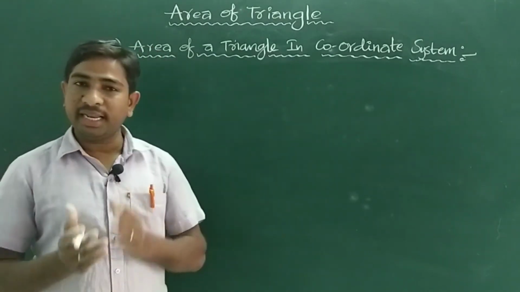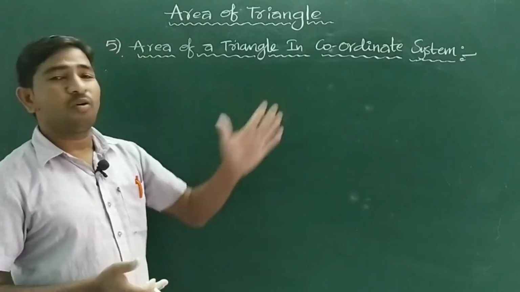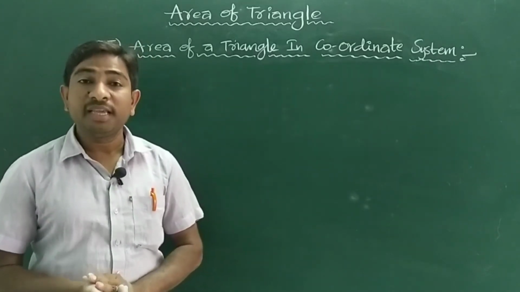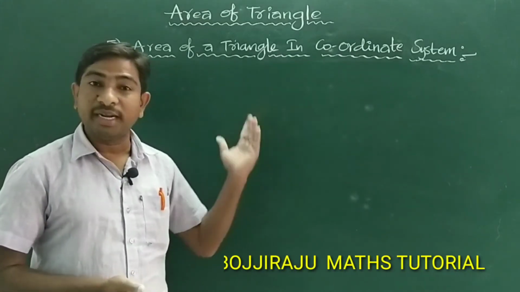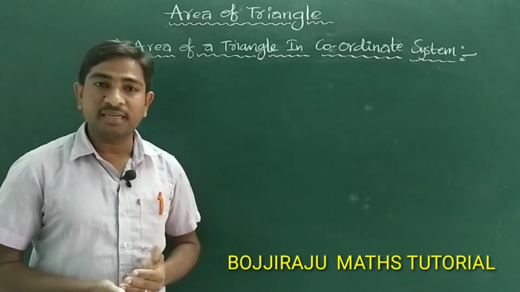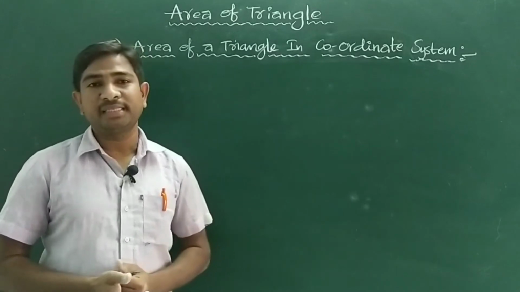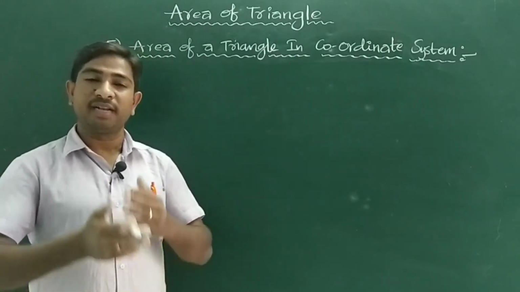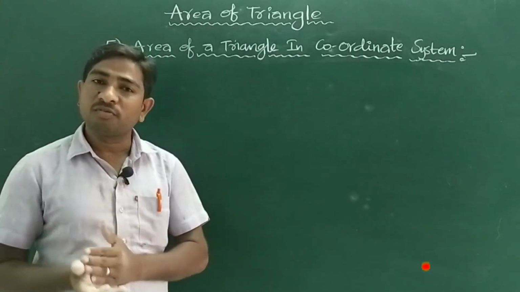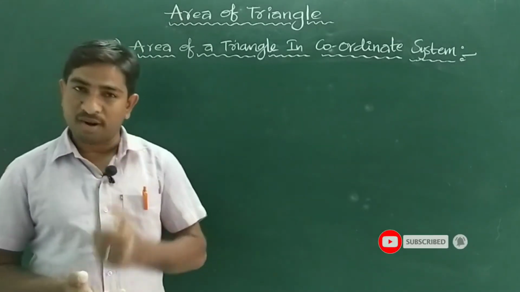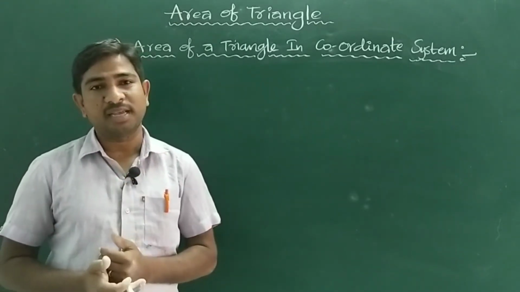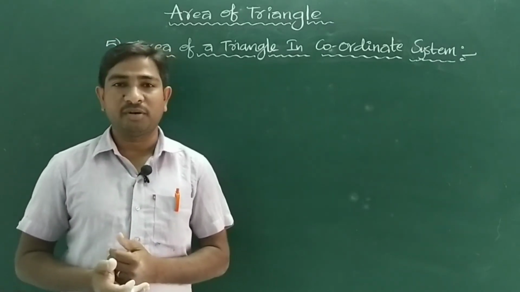Coordinate system means x axis, y axis, coordinate plane. If you consider and you get some ordered pairs, by using those ordered pairs you will get a triangle, and to find the area of such a triangle we can use some formulas. So what are those formulas? I am going to write here, so try to understand.